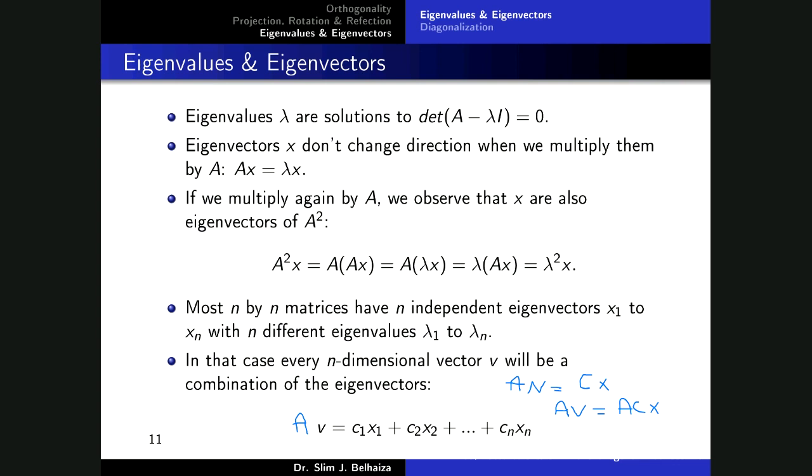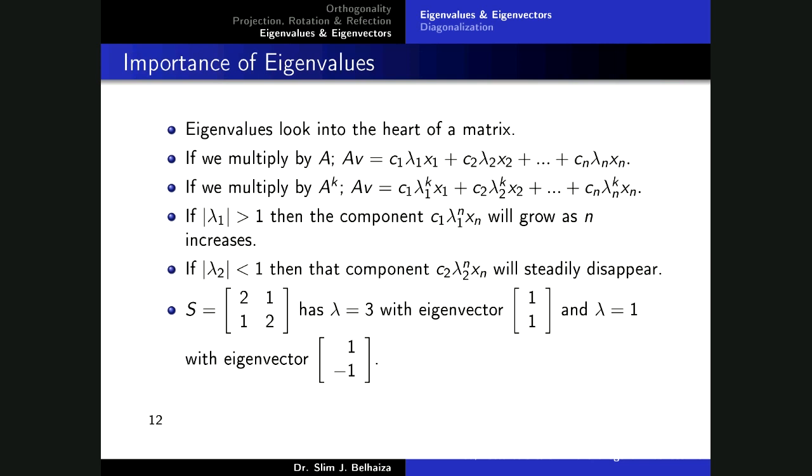And from here, you can insert the lambdas. So AV equals, in fact, the linear combination of C1 lambda 1 x1, and so on. Okay? And you can perform this even k times, you always have the following.